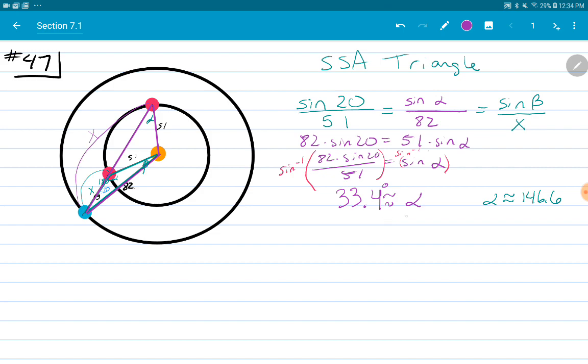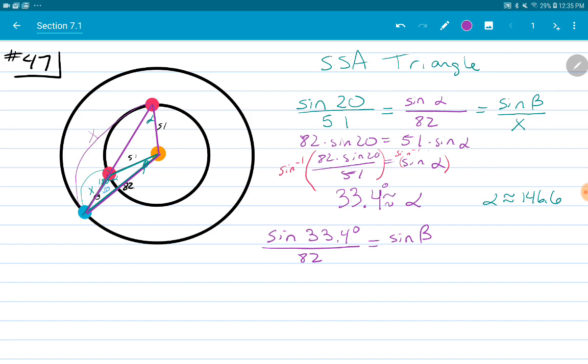So I now have alpha is 33.4 degrees, so sine of that, and its pair is the 82, equals sine of beta. Oh, right, I need to get beta first.